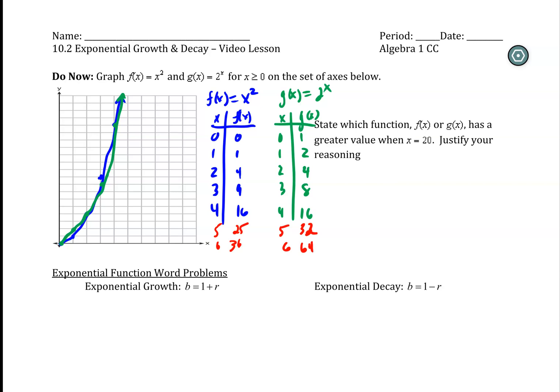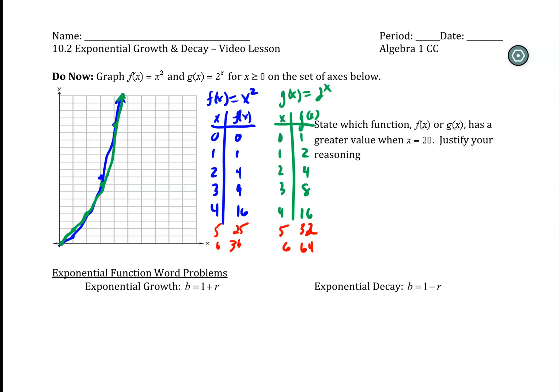That would be 64, times another 2. So each time in this example, this is doubling as you go. Here it's not. It goes up 1, then it goes up 3, then up 5. The rate of change here is changing within each of them, where here, each of them is doubling. So that's your exponential growth for those.